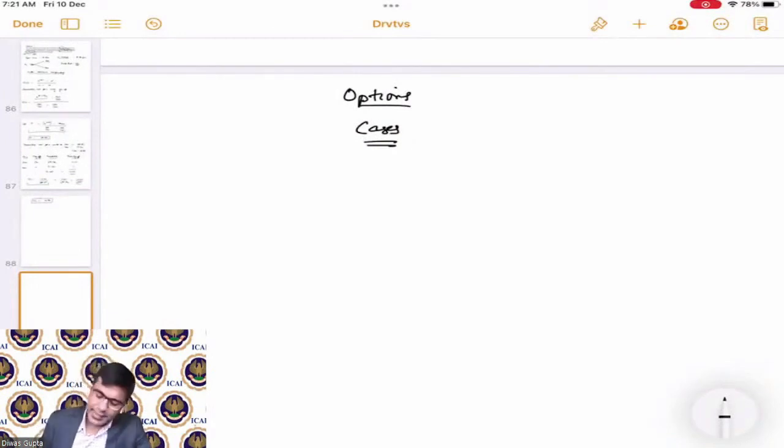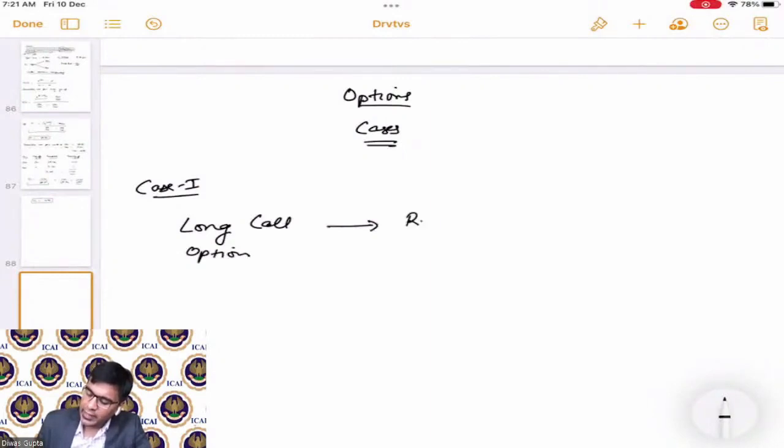So for example, case number 1, in case we are doing long of call option, that means we are actually dealing in right to buy.